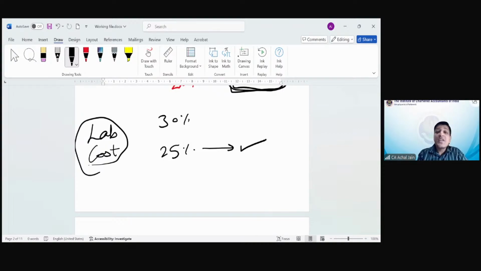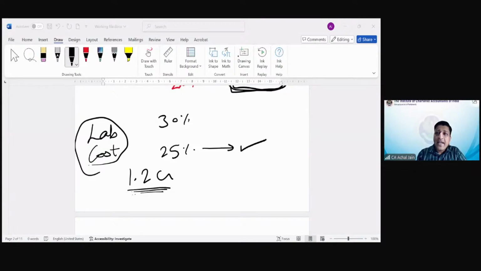Now, what was the initial cost? 1.2 crore was the initial cost estimated. On this 1.2 crore, can you compute 25% quickly and give me the answer?